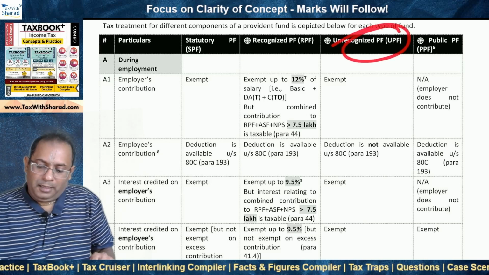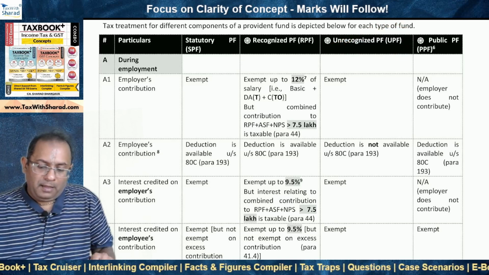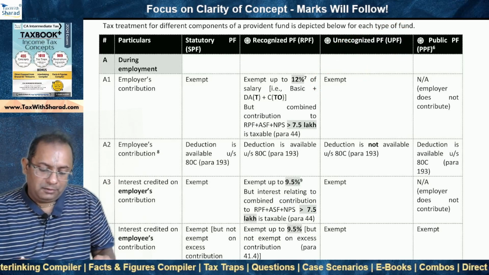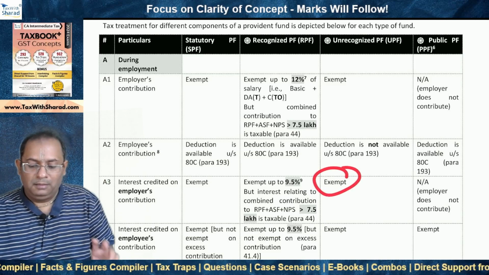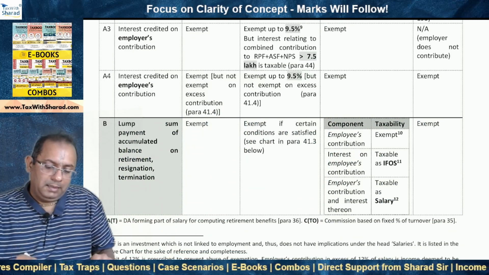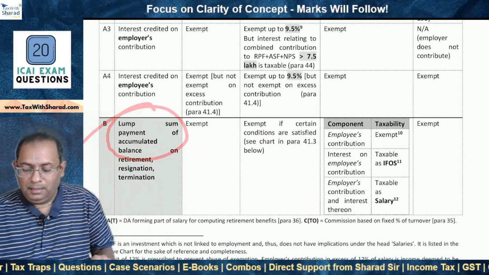Now, as far as unrecognized provident fund UPF is concerned, employer's contribution remains completely exempt, and interest credited on employee's contribution remains completely exempt throughout the period of UPF. But taxability arises when there is lump sum payment of accumulated balance.